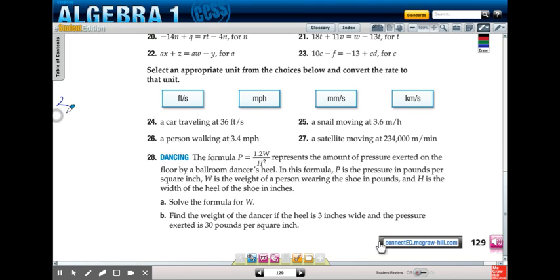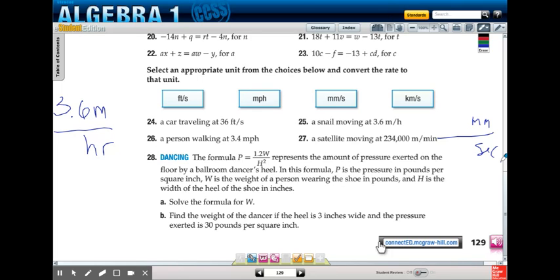So I have 3.6 meters per hour, and I'm converting that into millimeters per second. This is one of those ones where I have to ask you how many things are changing, and hopefully you will say 2.